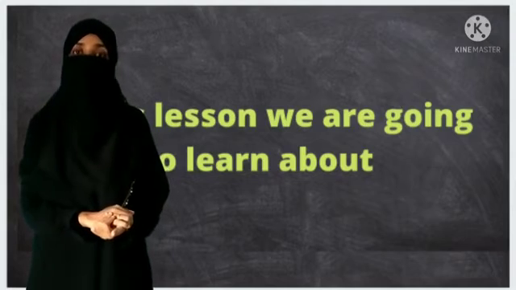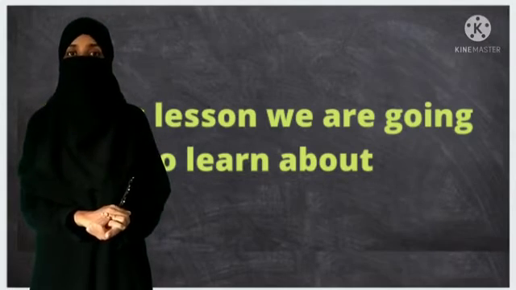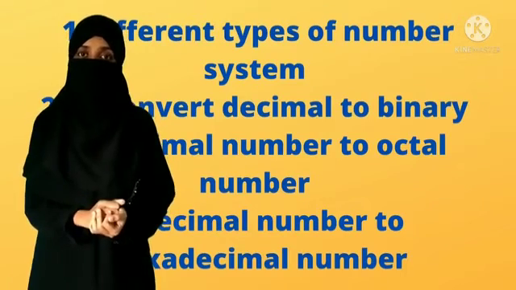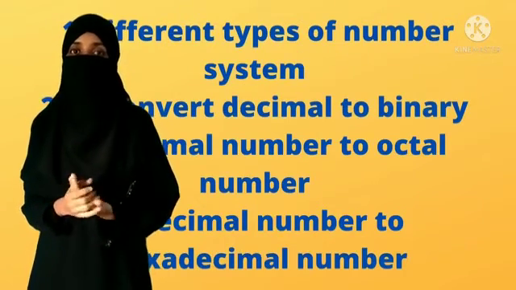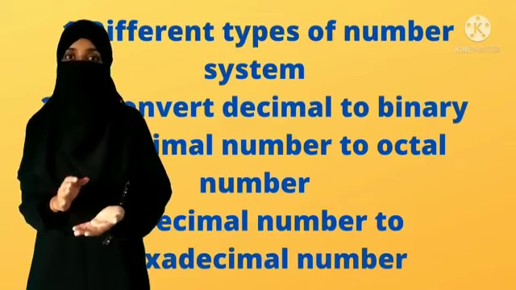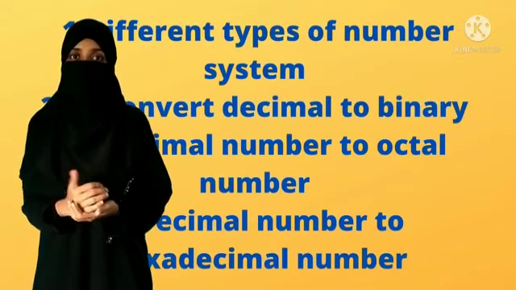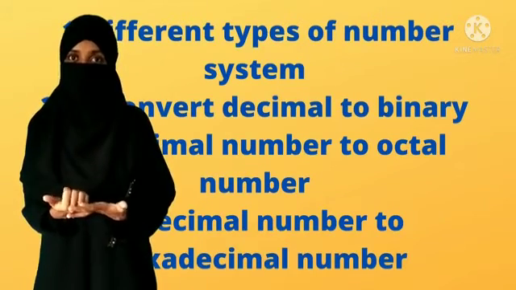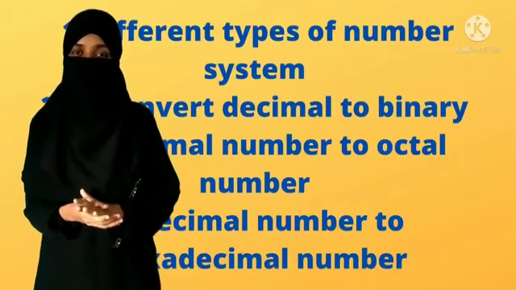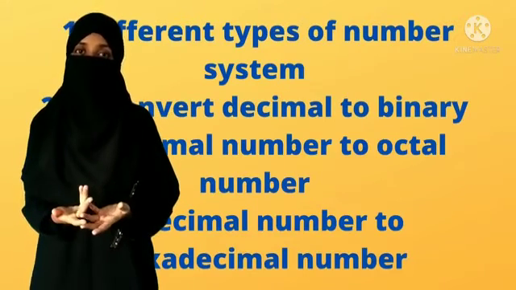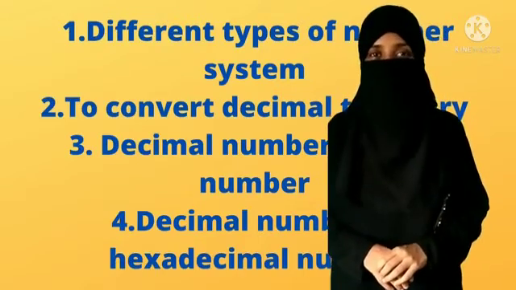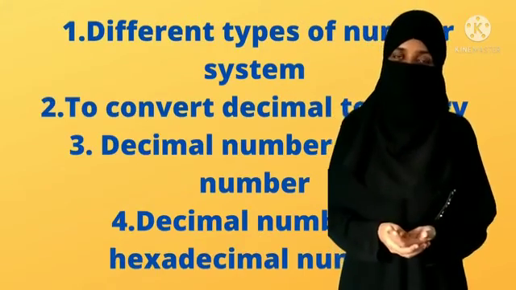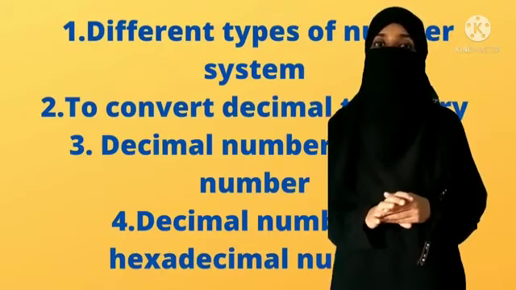In this session, we'll be learning about what are the different number systems that are being used by the computer and how to convert decimal number to binary number. Then we will learn about converting decimal number to octal number. And finally, we will learn about converting decimal number to hexadecimal number. So let's get into the lesson, my children.